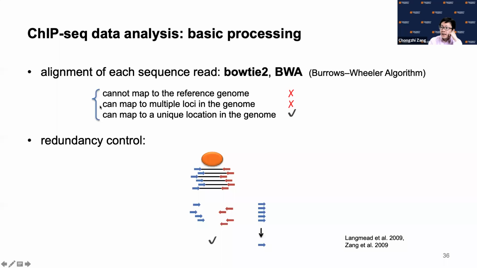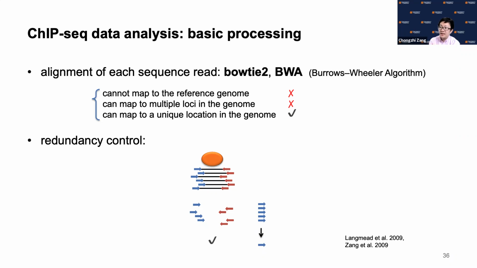A general rule, well, an intuitive rule, although many of the advanced methods no longer use that strict cutoff: if a sequence read cannot map to the reference genome, we have to discard it. It could be just a sequencing error from the sequencing machine, or, with very tiny chance, it could be biologically meaningful, meaning that this short sequence includes some variant from the reference genome.